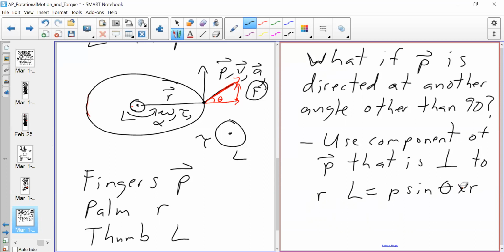Or actually, technically, cross R. So it's going to be mvr sine theta. Okay. And of course, if theta is 90, it's just mvr. The sine of 90 is 1.